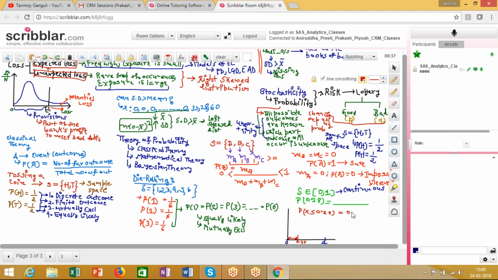So it is 0.28 minus 0, divided by 1 minus 0. Therefore, the probability of getting x less than or equal to 0.28 is 0.28.